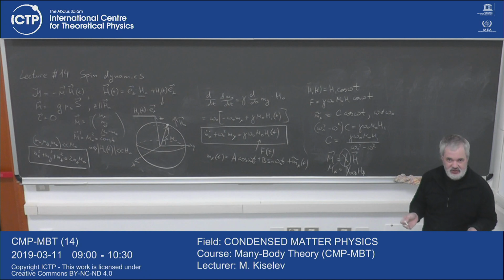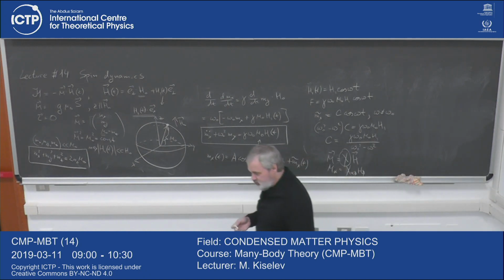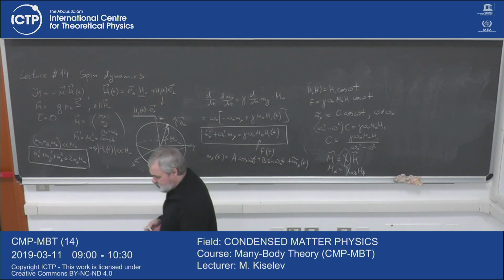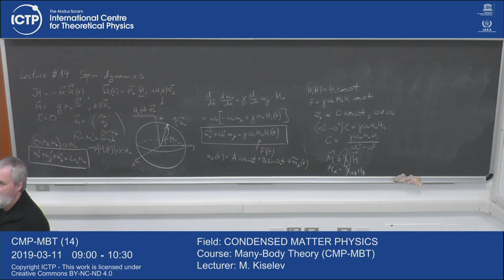This is what one can always do, provided that you have non-zero eigenvalues. And isotropy means that the diagonal form of the tensor is proportional to the unit matrix. So all three diagonal components, xx, yy, and zz, are equal.